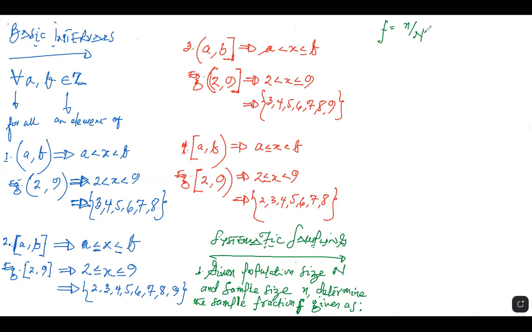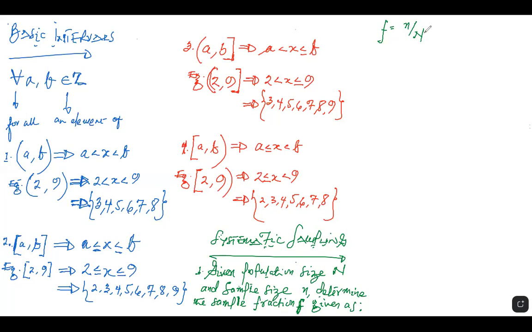Okay, now this is the first important lesson that you need to keep in mind. Throughout the remainder of this course, we will be denoting population size by big N, and we will be denoting sample size by small n. So whenever we want to refer to a population size, we'll say big N, and when we want to refer to a sample size, we say what? Small n. So moving forward, when I write big N or small n somewhere, you should know what they are. Big N is the population size, and small n is the sample size.